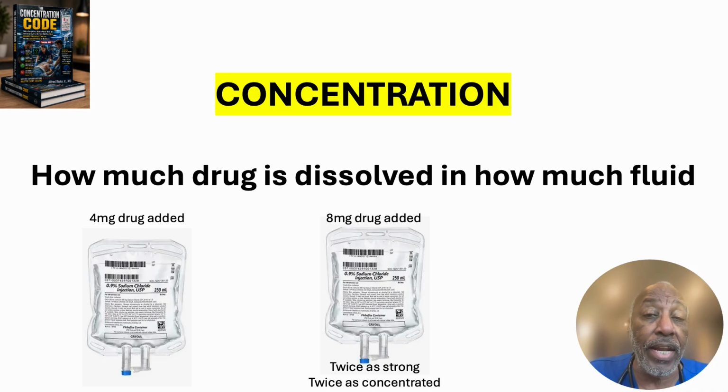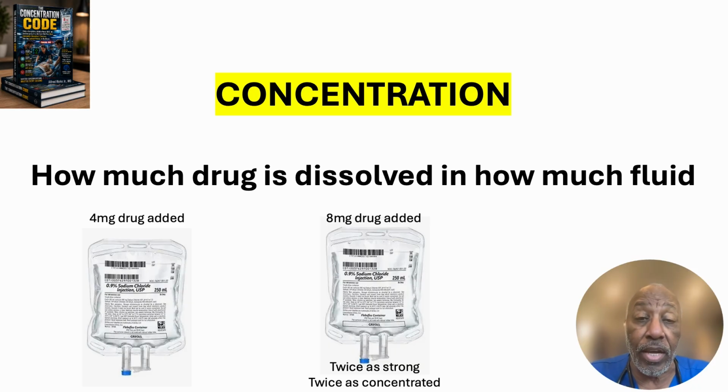If the pump is running at the same rate for both bags, the patient on the second bag is getting twice the dose. That's not a subtle difference. In a vasopressor context, that difference is between a stable blood pressure and a hypertensive crisis.